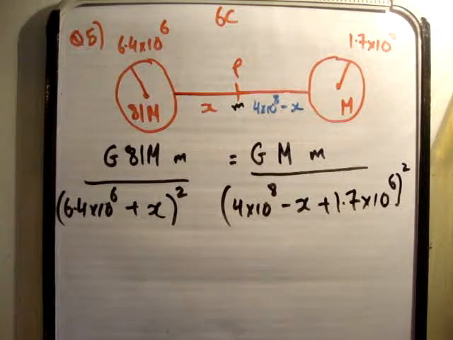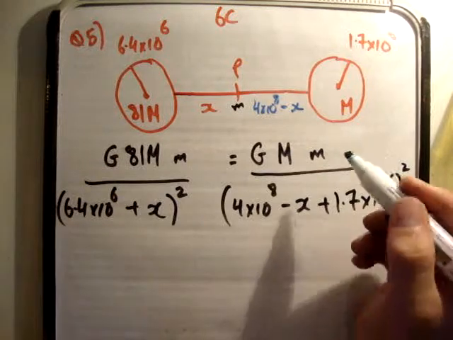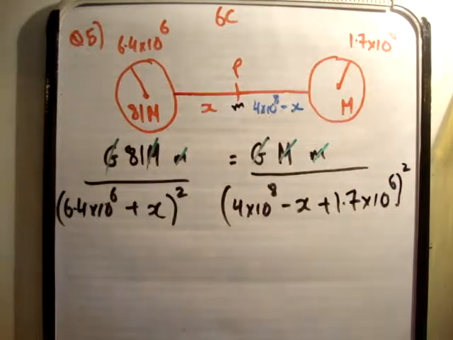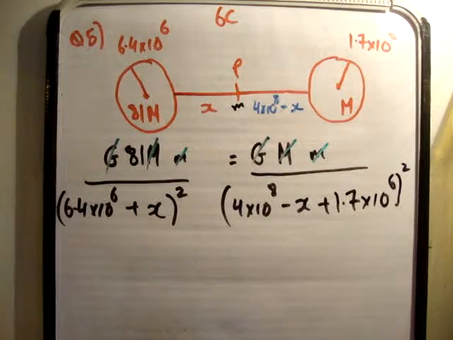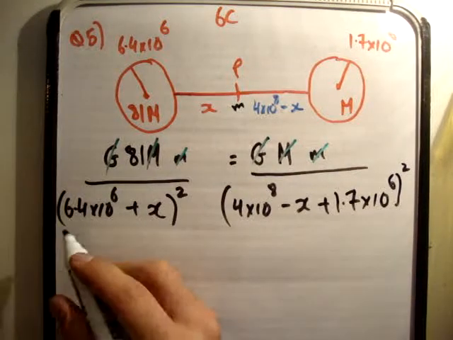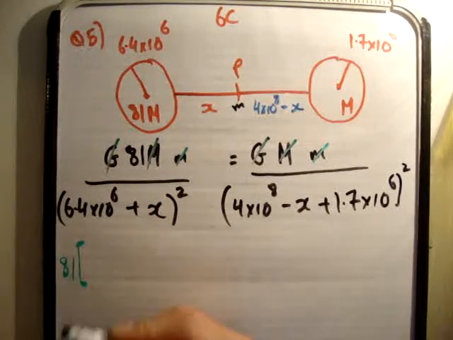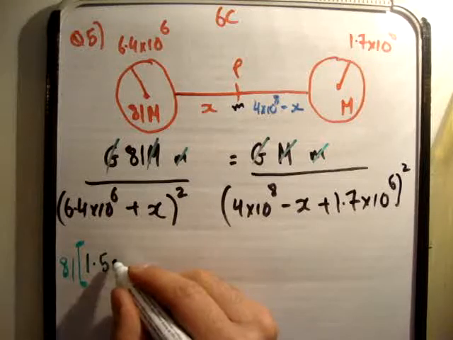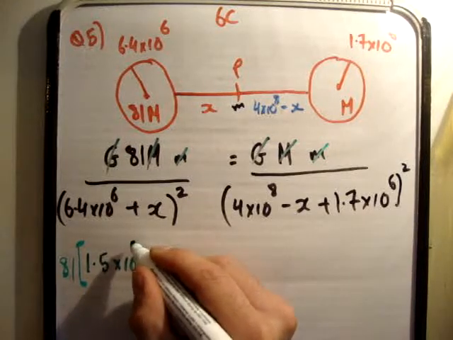All right, so first of all we can do some cancelling: get rid of the m and this m and get rid of the G. And what we'll be left with, if we cross multiply, is on the outside 81, and on the inside here it's going to be 1.5 times 10 to the, no, it won't be that.